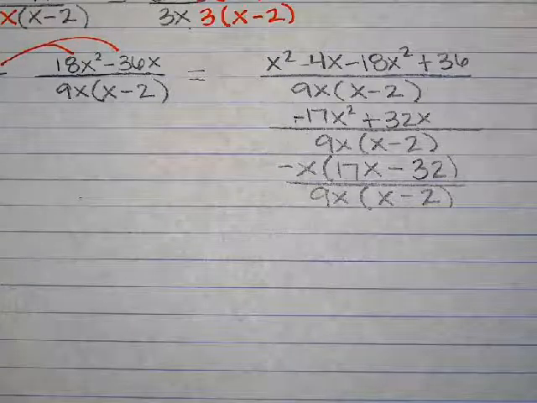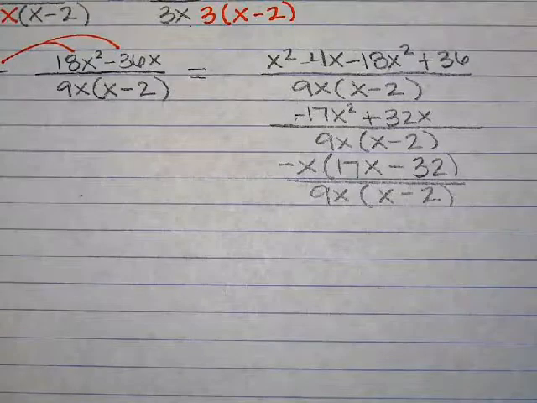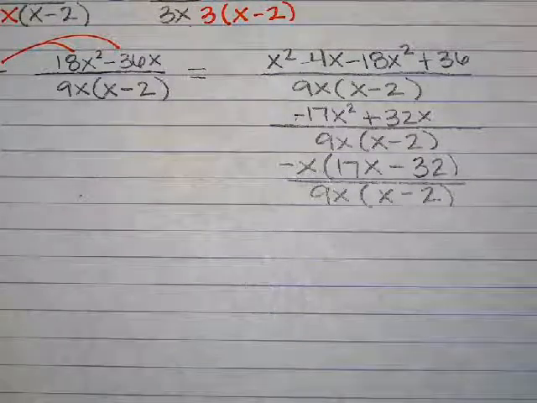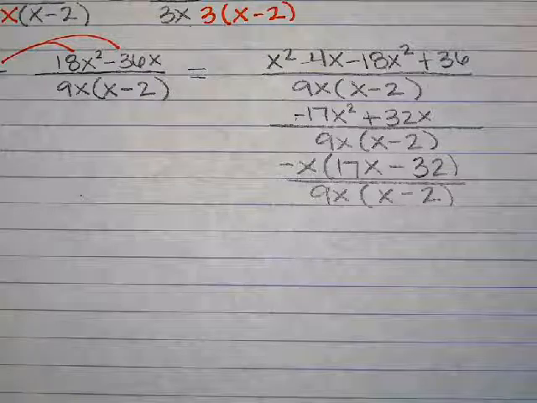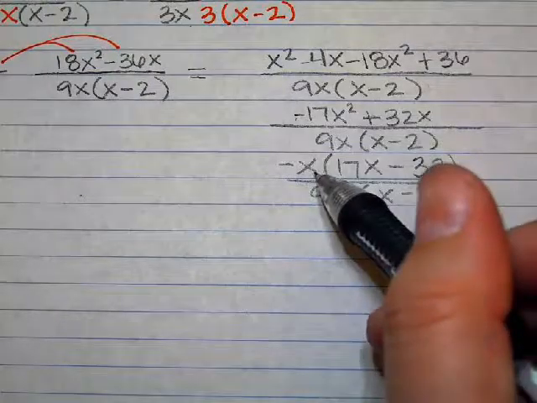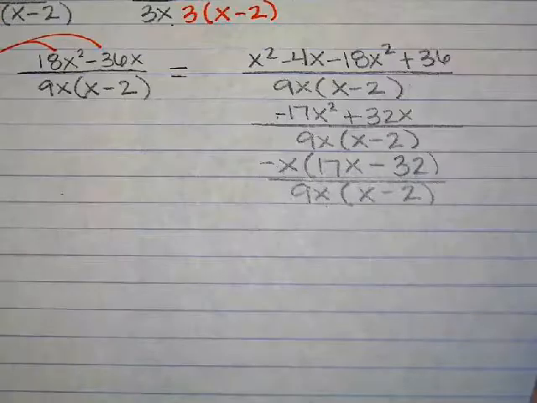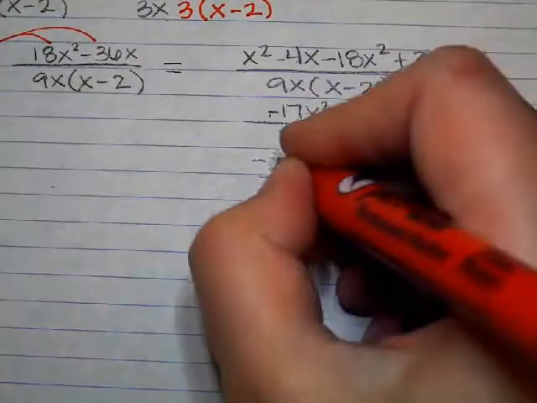Does anything reduce? Are you sure? Yeah, the x and the 9. The x and the x. Yeah, from the GCFs, the x and the x do. That x and that x cancel.